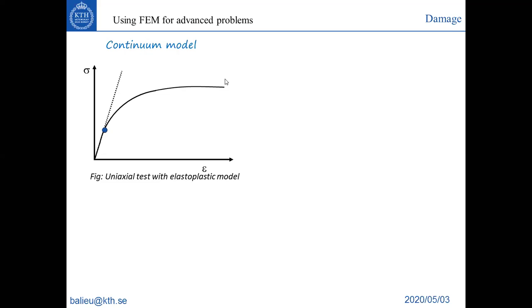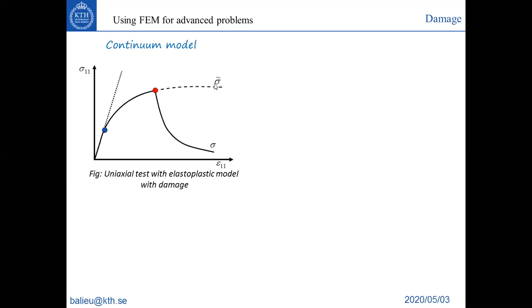But what happens in real life? After a while, you cannot continue to load your material. You will have damage. You will have a fracture of your material. So here I plot the real curve, the real sigma, and with a dashed line I plot the behavior without damage.